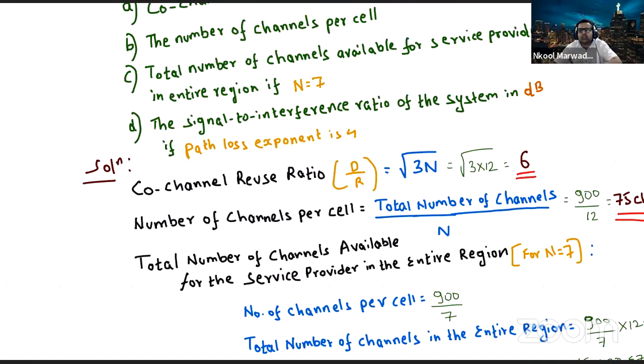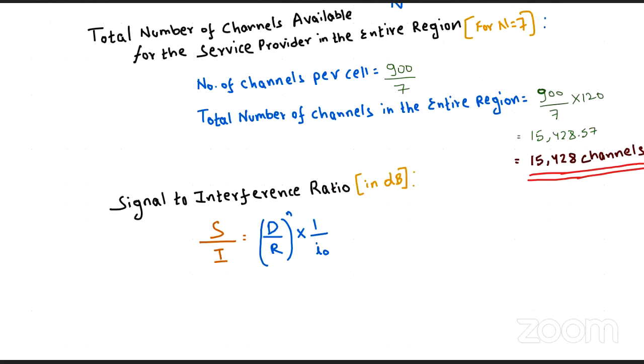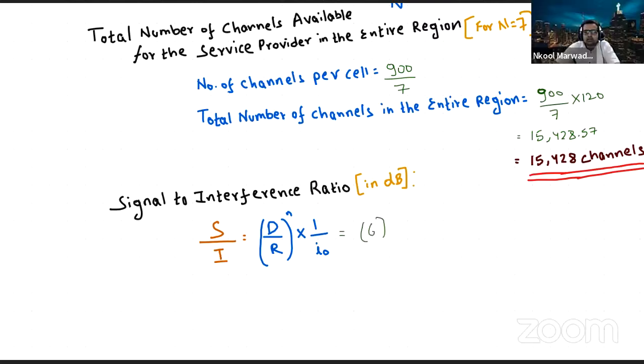So now we can straight away substitute the values. D by R is 6 to the power of 4 by 6, which is 6 to the power of 3.